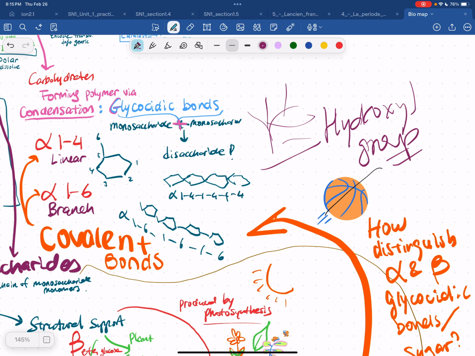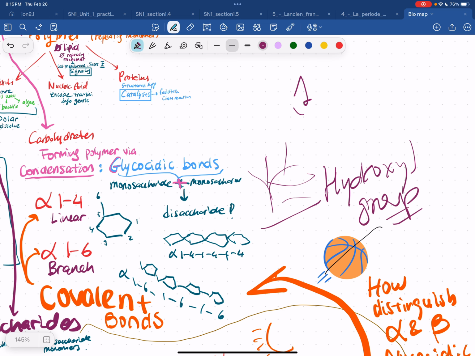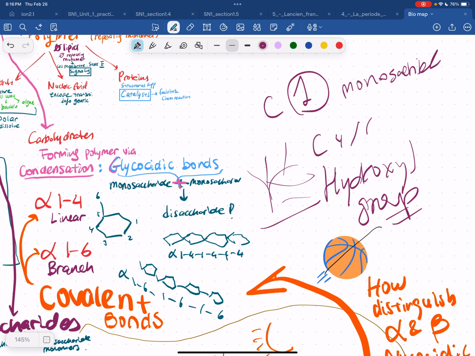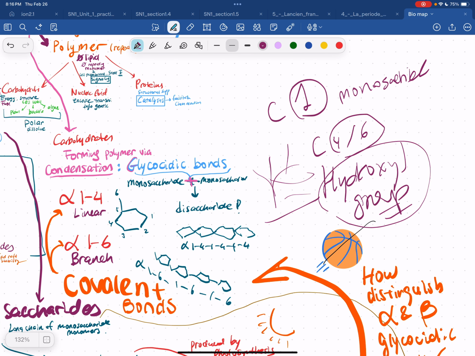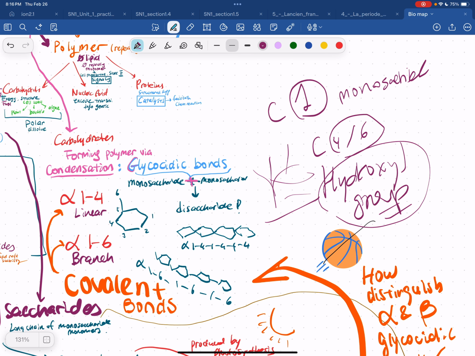So it is the carbon 1 of a monosaccharide and the carbon 4 or 6 hydroxyl group. So the monosaccharide's carbon 1 and the 4 or 6 hydroxyl group is what makes these glycosidic bonds.